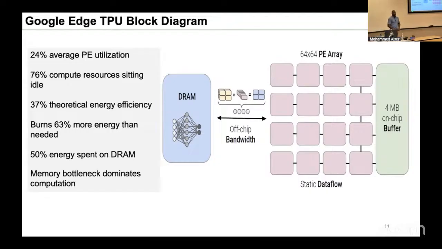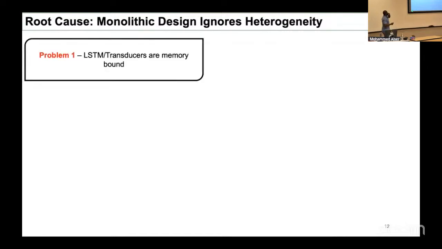Okay. We need to look into why this design is performing very poorly. The first problem: think about LSTMs and transducers. What do we use them for?